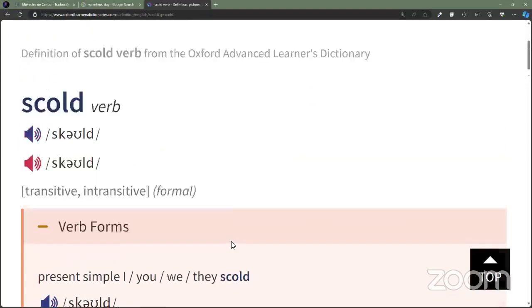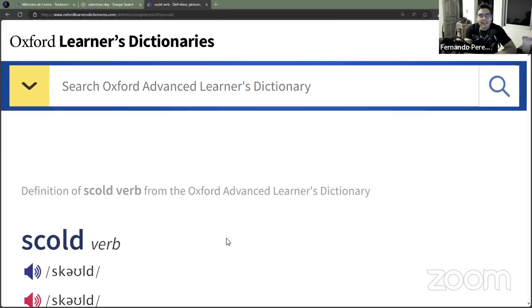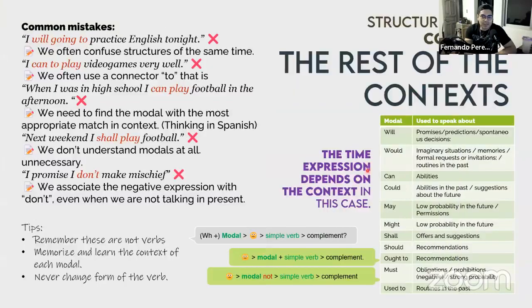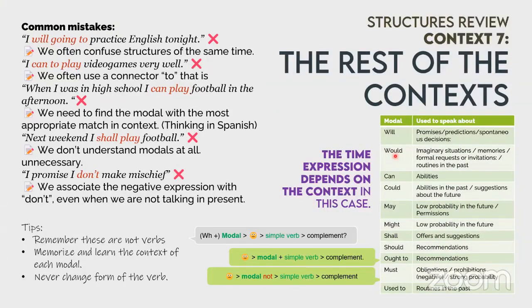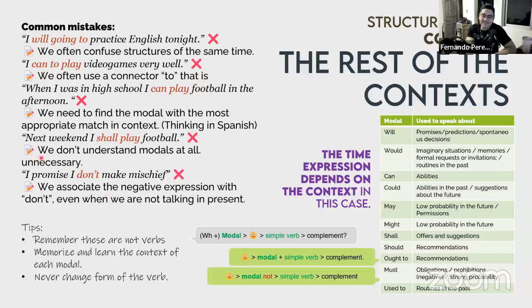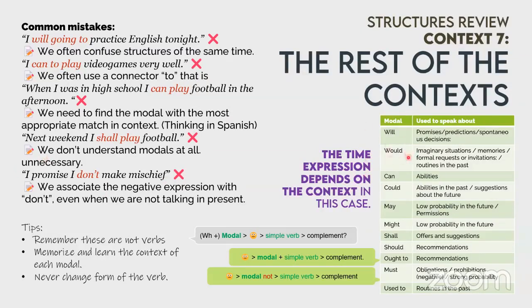Do you think we eliminate scolded? You need to use would again because that's a memory. My mom would scold me. Yes.